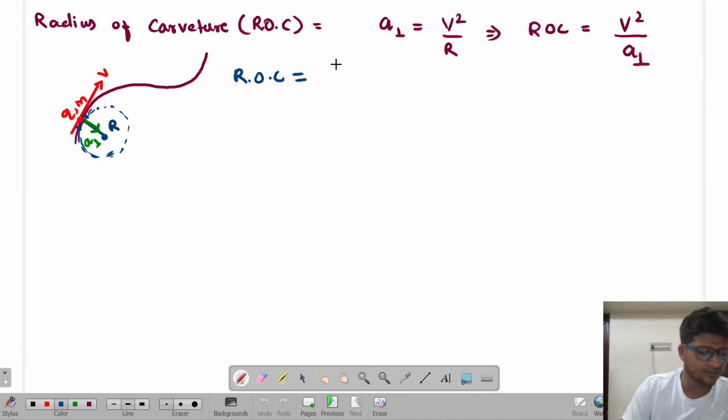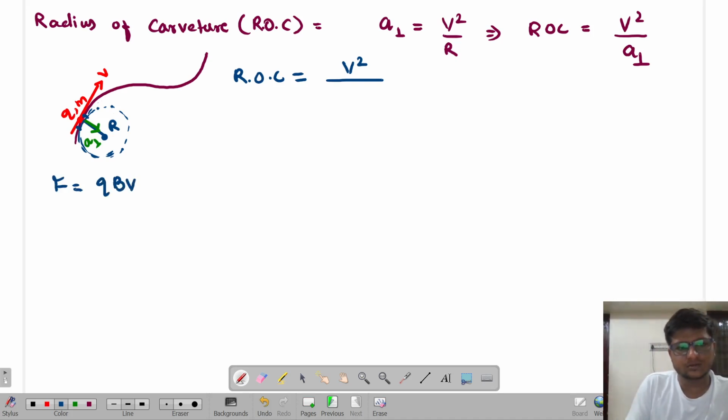So basically, v squared over what is the acceleration perpendicular over here? What is the force? It is BQV sine theta. Mass into acceleration perpendicular.